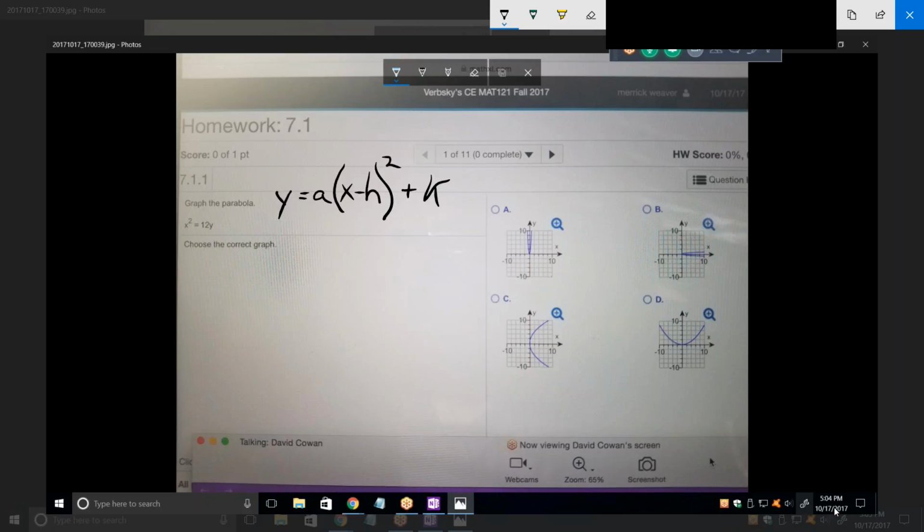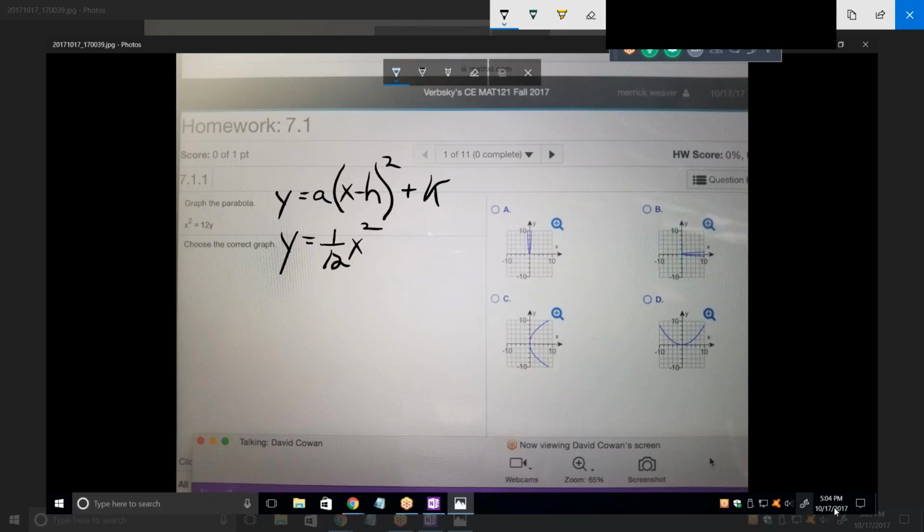Okay. So if we take this equation and put it into this format, I get y equals 1/12 x squared. With me? You see how I do that? Kinda. I divide both sides by 12. And x squared over 12 is the same as 1/12 times x squared.